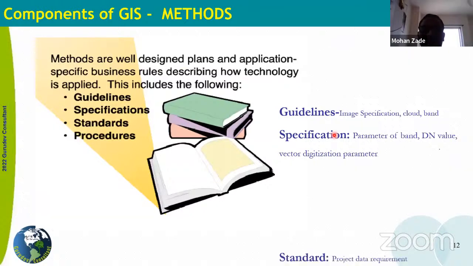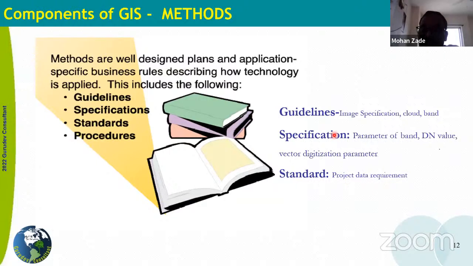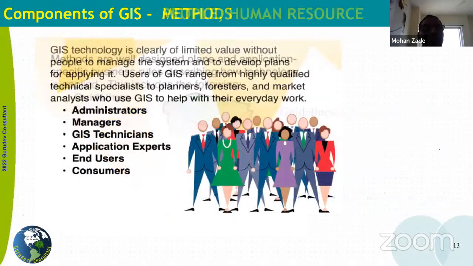So all those things are required in the specification standard. You may have some project data requirements. So those standards can be embedded or clubbed into this method. And then procedure, how you are going to capture the data, store it, build a topology on it, and retrieve and make analysis.